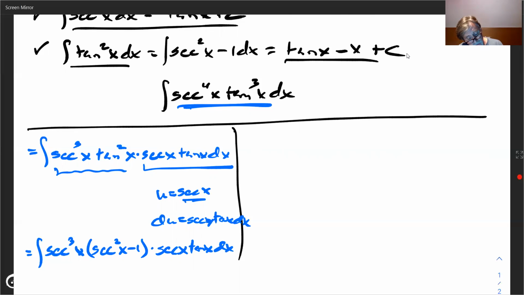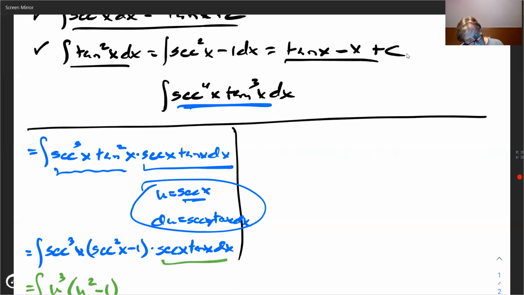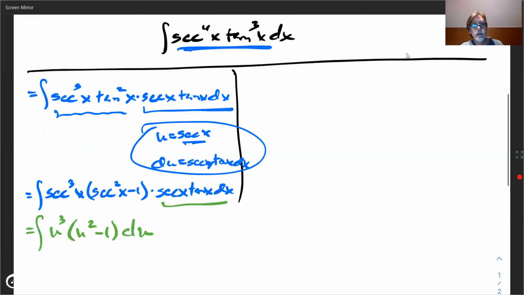And with this substitution here, our problem changes into integral of u, not secant, but u now, cubed, and then u squared minus 1, and then all of this, like I said, is du. And the rest is gravy, right? We distribute and integrate and finish the problem.